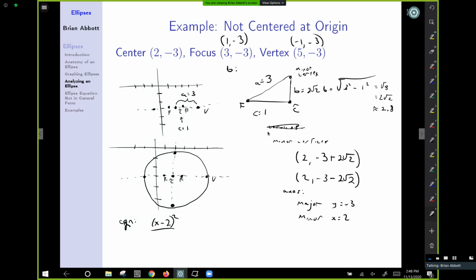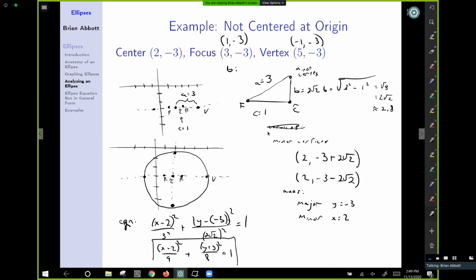A is 3, so 3 squared, plus y minus the y coordinate of the center, y plus 3 quantity squared, all over B squared. Well, B was 2 root 2, and 2 root 2 squared is going to give us 8. 4 times the square root of 2 squared, which is 2. 4 times 2 is 8, equals 1. Simplify that, and you'll have your equation. x minus 2 squared over 9 plus y plus 3 squared over 8 equals 1.